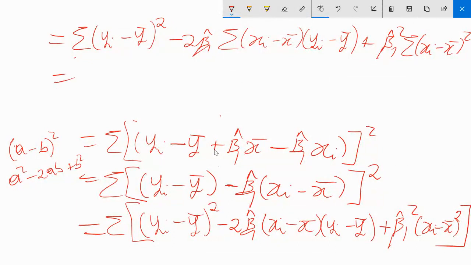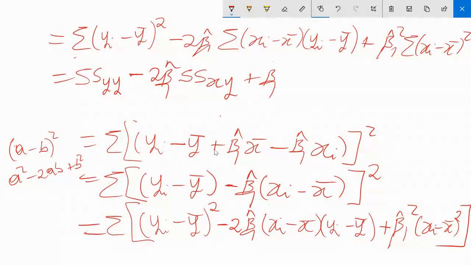And you know that this is nothing but SSY, or SSYY, depending on how you want to write it. So it can be SSYY minus 2 beta 1 hat SSXY, plus beta 1 hat squared SSXX.